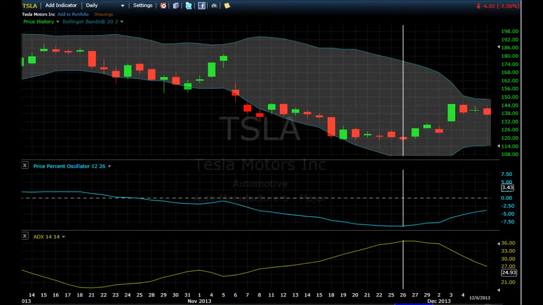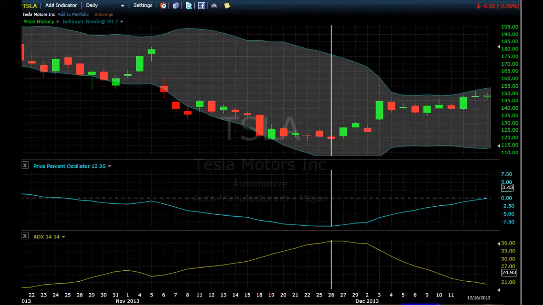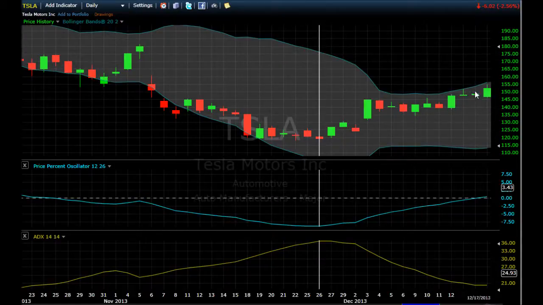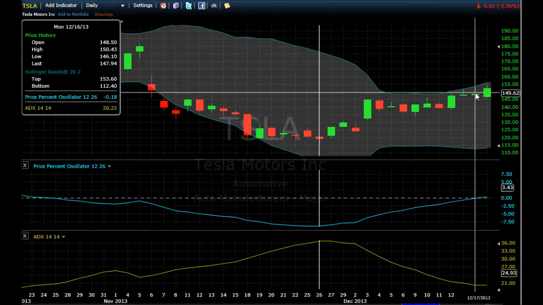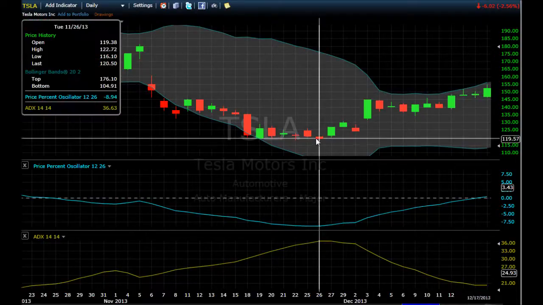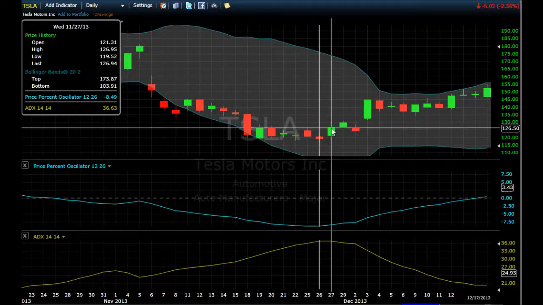And again, I would have taken a profit right when the PPO value is approaching zero. So that would have given you a price target of about 148 or so. So you would have went long around 120 or even 127, and you would have sold at 148 or so.